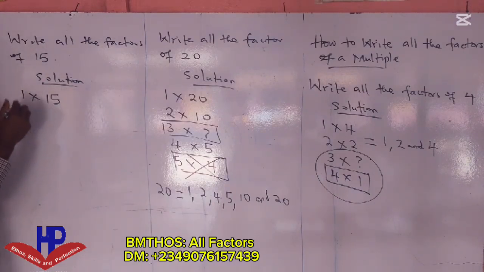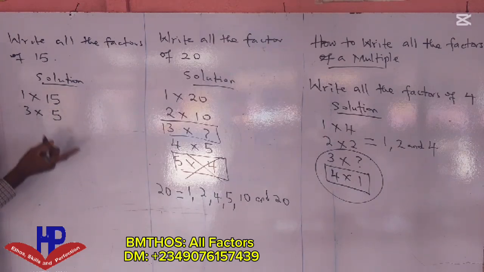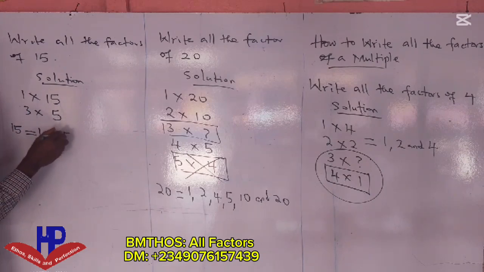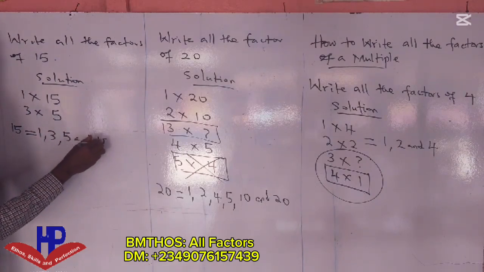There's no 2 that will give us 15. 3 times 5 will give us 15. There's no 4 to give us 15. 5 times 3 will give us 15. We already have 3 and 5, so I will stop here. So all the factors of 15 are 1, 3, 5, and 15.